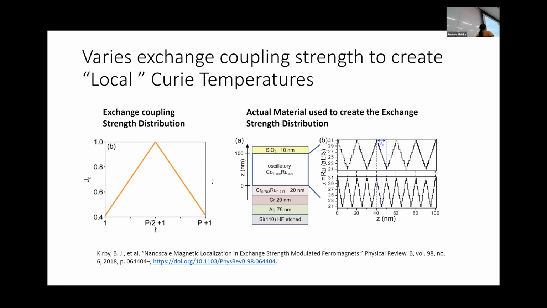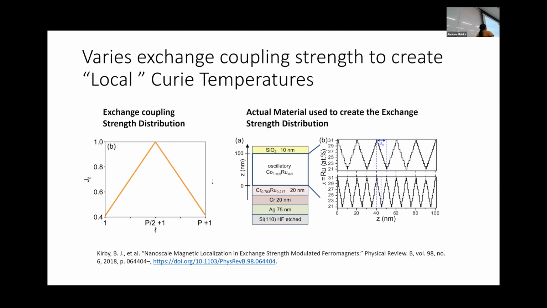The pattern of the exchange coupling strength that we want is a V-shaped pattern. So it goes up, peaks at a center, and goes down. And to actually enact that in the material, we use this structure.